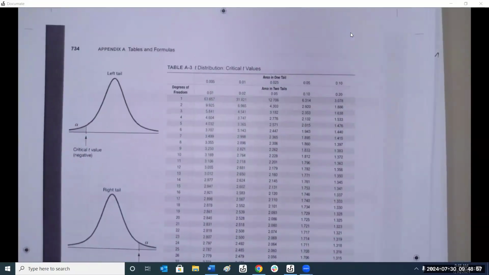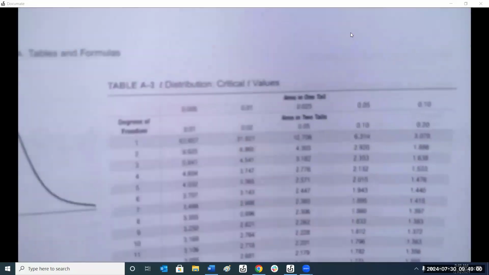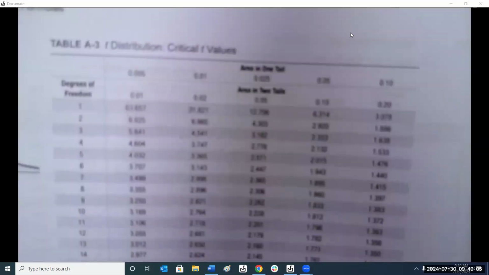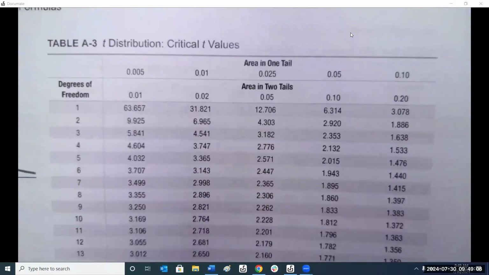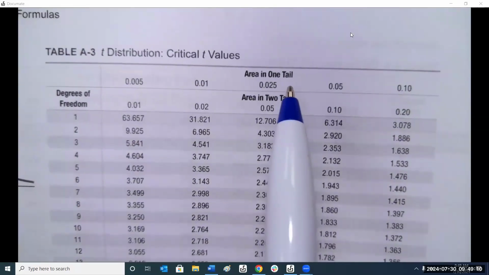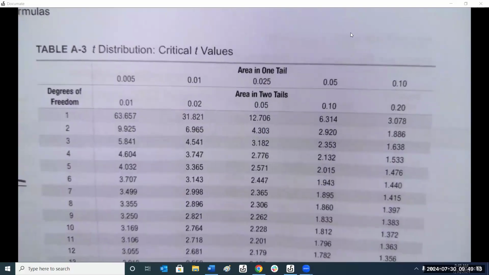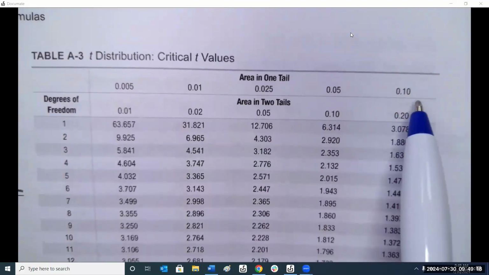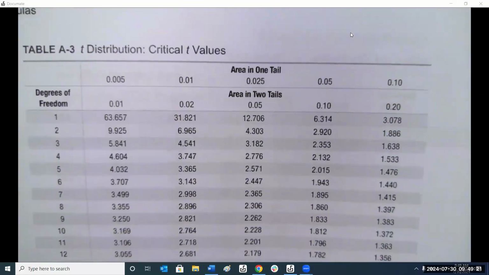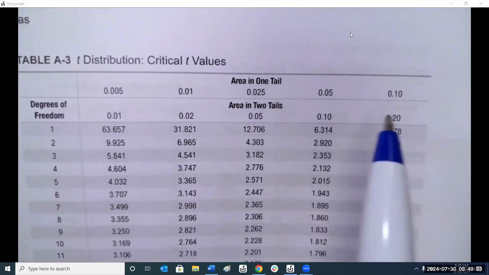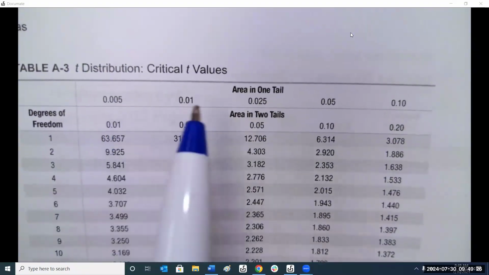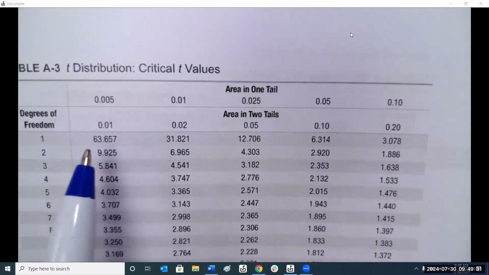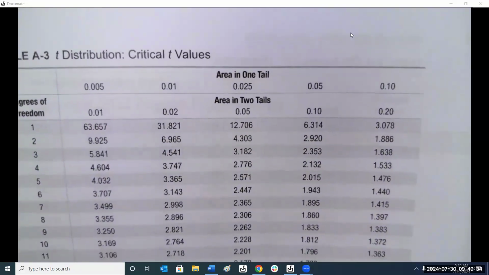It looks like this. Notice on the very top now, it separates for us whether we have a one tail or a two tail. And our confidence level is already calculated there for us. If it's a one tail test, there's the values. If it's a two tail, we have to divide by 2. And so that's what we get here. It does it for us.